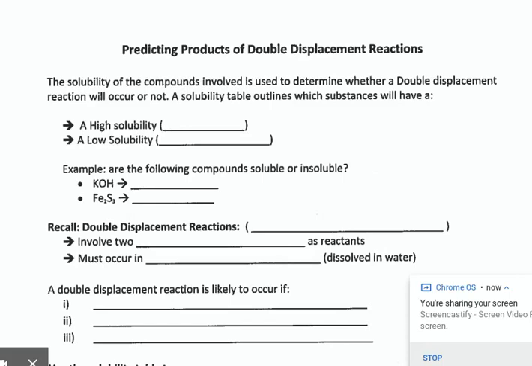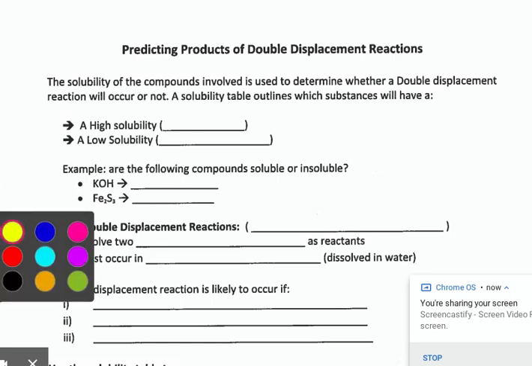All right, in this video lesson, we're going to be looking at how to predict products of a double displacement reaction. Just before we do that, I want to remind us that a double displacement reaction is when we have a reactant like AB here, and our other reactant will be CD.